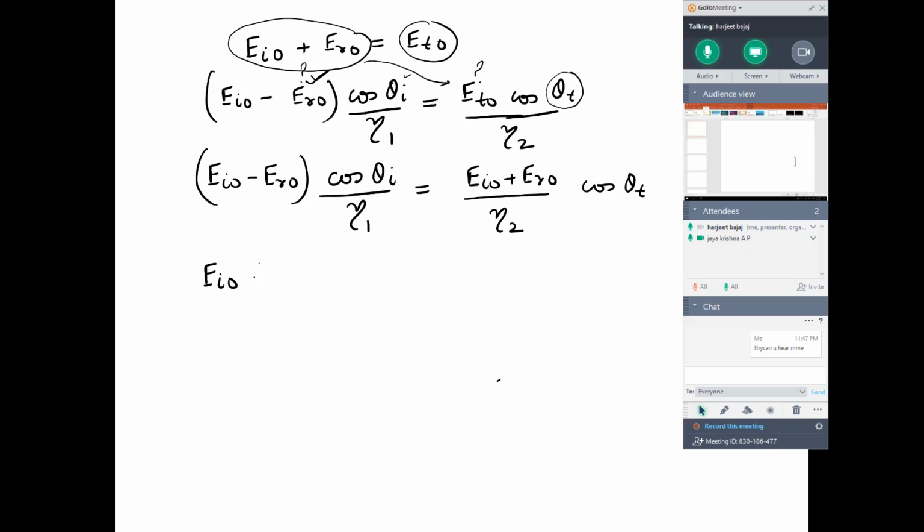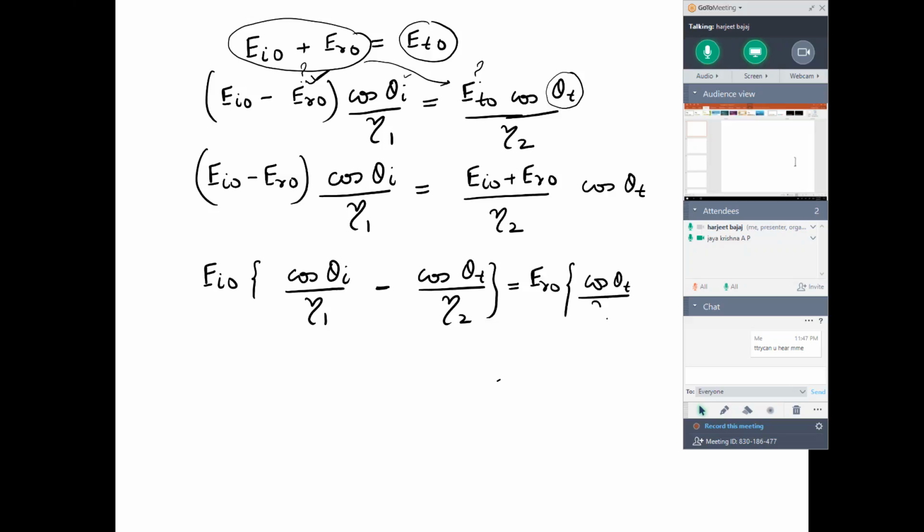I get Eᵢ₀ cos θᵢ by η₁ minus cos θₜ by η₂ is equal to Eᵣ₀ cos θₜ by η₂, and when I bring it there it becomes plus cos θᵢ by η₁.